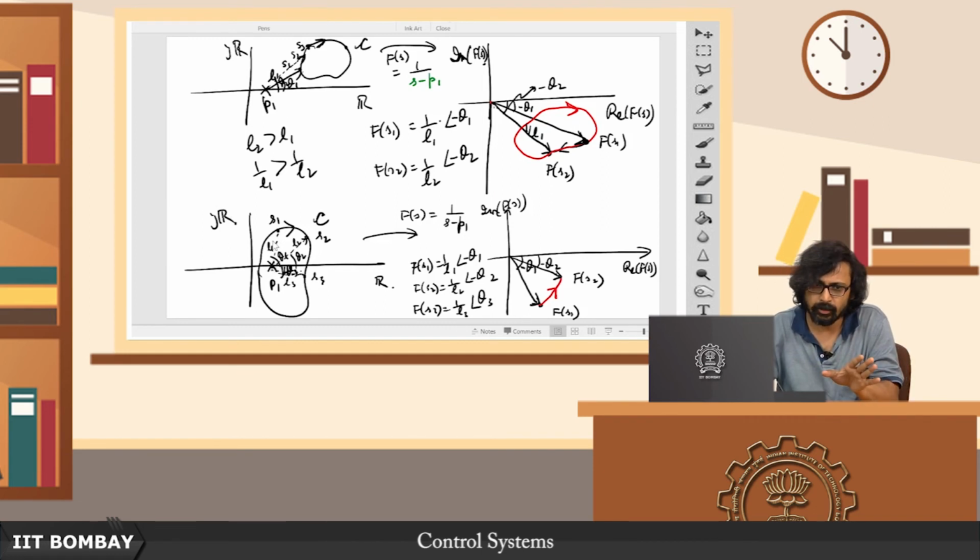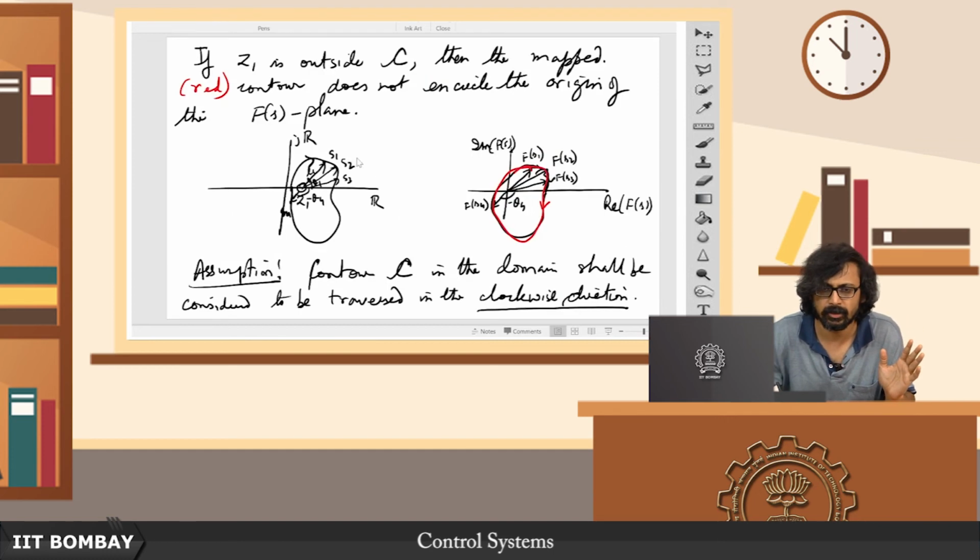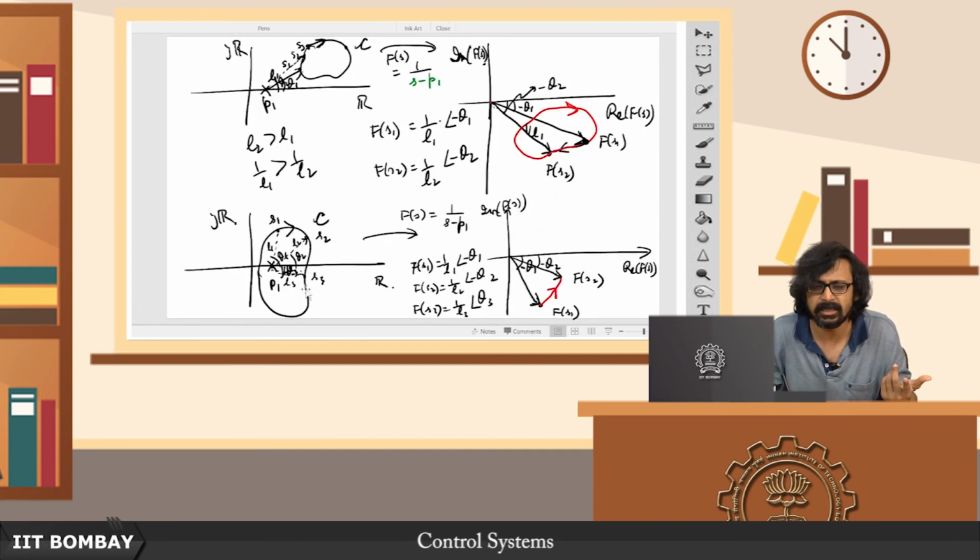If you traverse once around the contour, forget about the fact that this F(s) is the reciprocal of s minus p1. If you think of the nature of this contour here and the nature of this contour here with respect to z1, you see that the nature is the same.